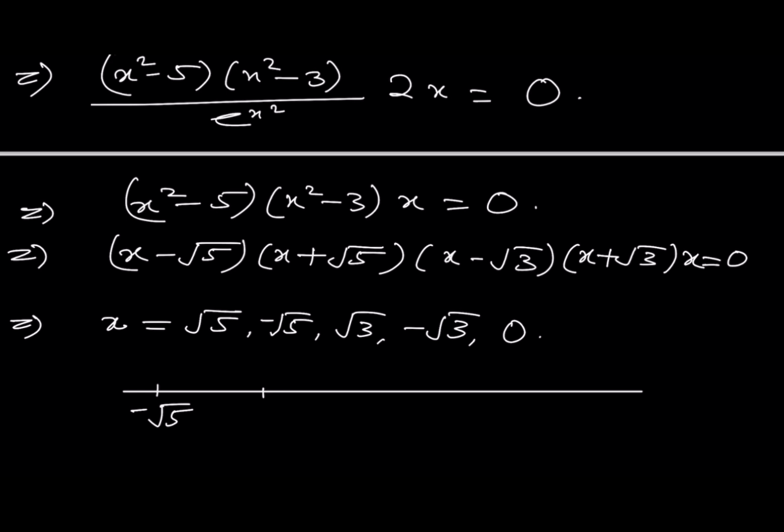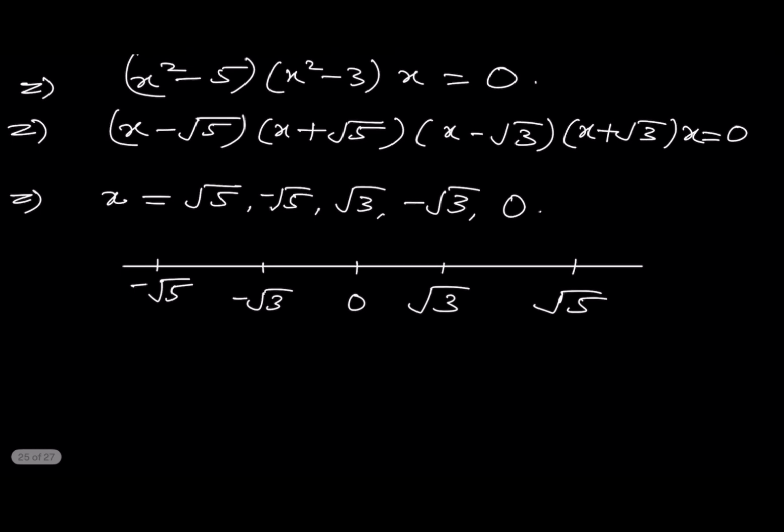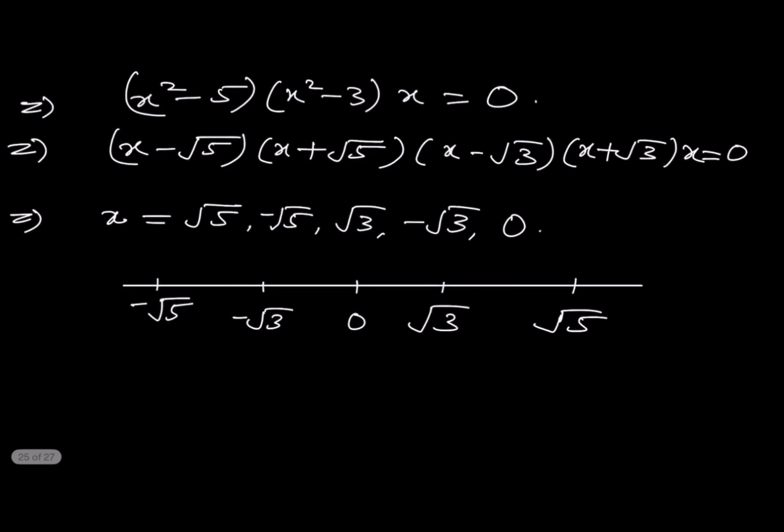If you want to find where is maxima and where is minima, you can place these critical points on the number line. As the power of each bracket is odd, at every critical point there will be a change of sign: plus, minus, plus, minus, plus, minus.